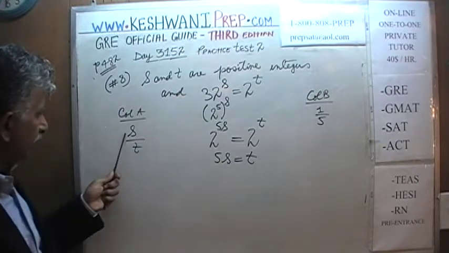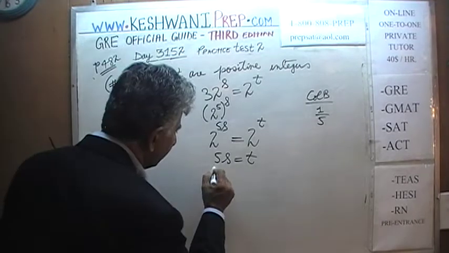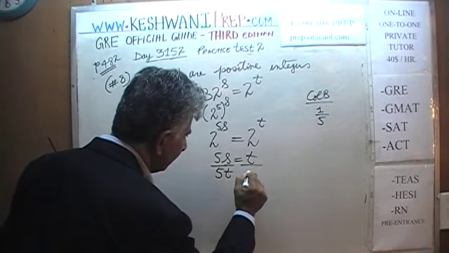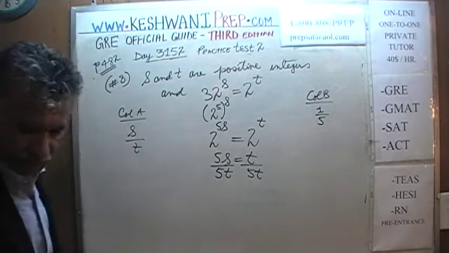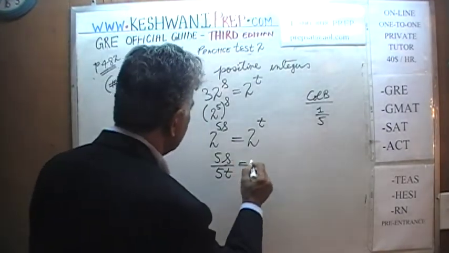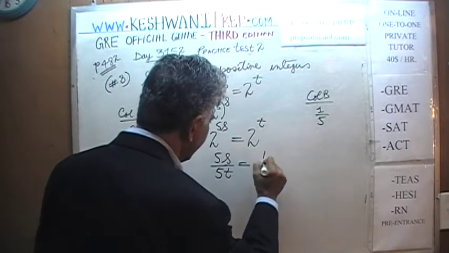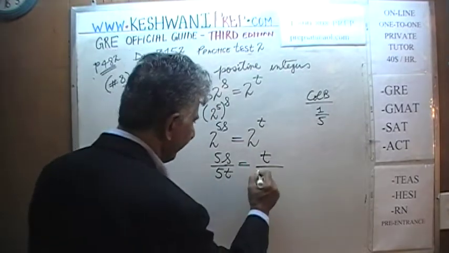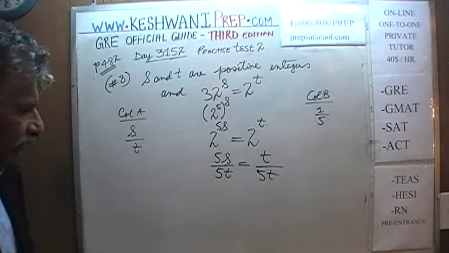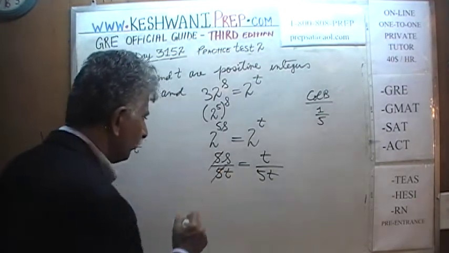We want S over T. So let's divide both of these quantities by 5T. I'm going to rewrite this a little bit better. 5S equals T, and divide both sides by 5T. And watch what happens. If you divide both sides of the equation by 5T, first of all, this 5 is going to go away.